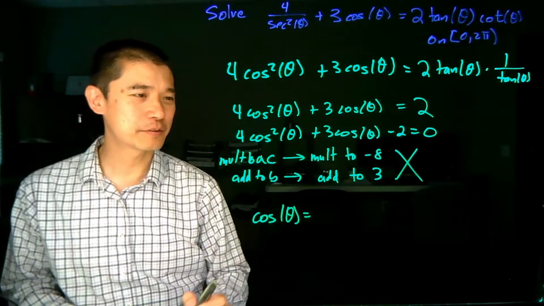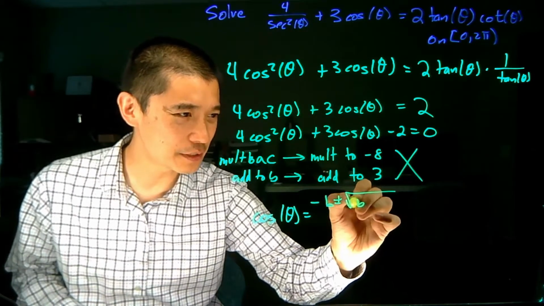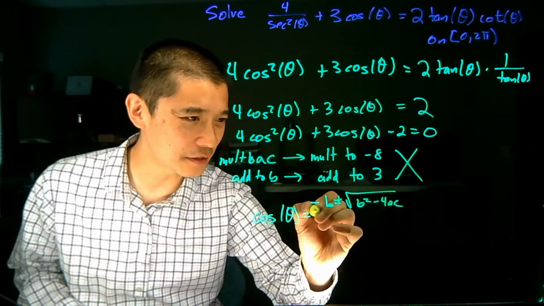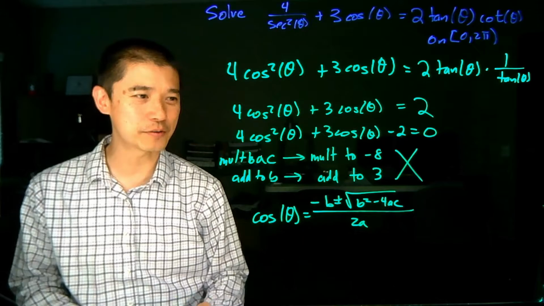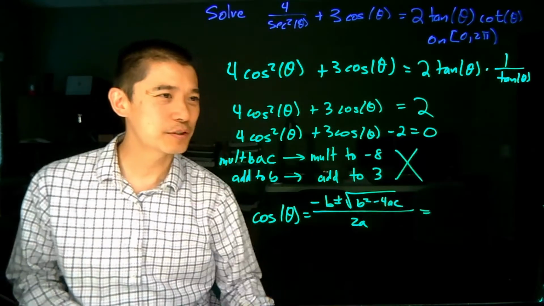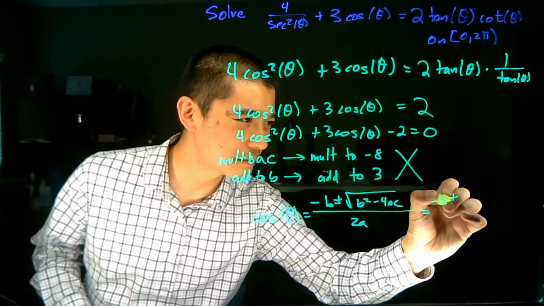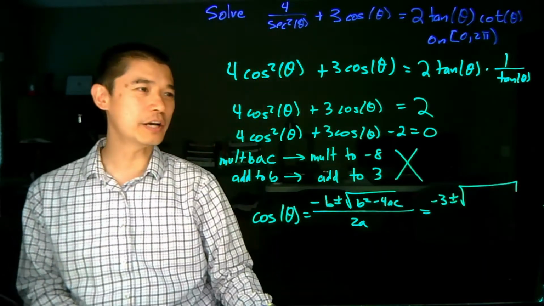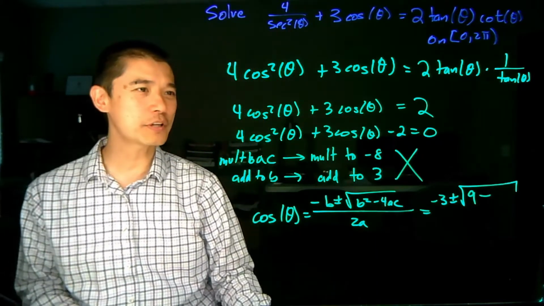I'm going to write out the quadratic formula. Negative b plus or minus the square root of b squared minus 4ac, all of this over 2a. Make sure your fraction bar is long enough to capture both parts of the numerator. So when we make the substitution, our b value is 3. So negative 3 plus or minus the square root of 3 squared, which is 9, minus 4 times a times c.